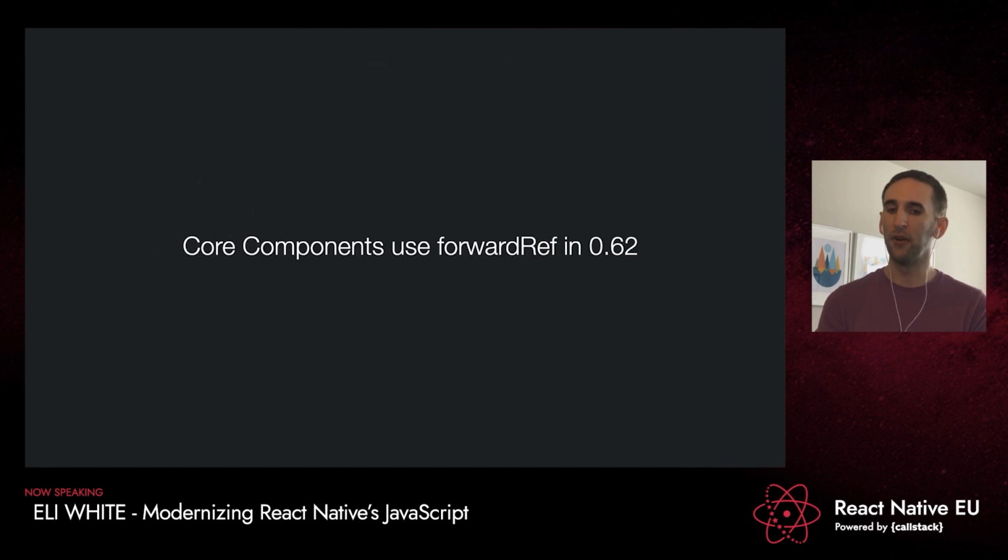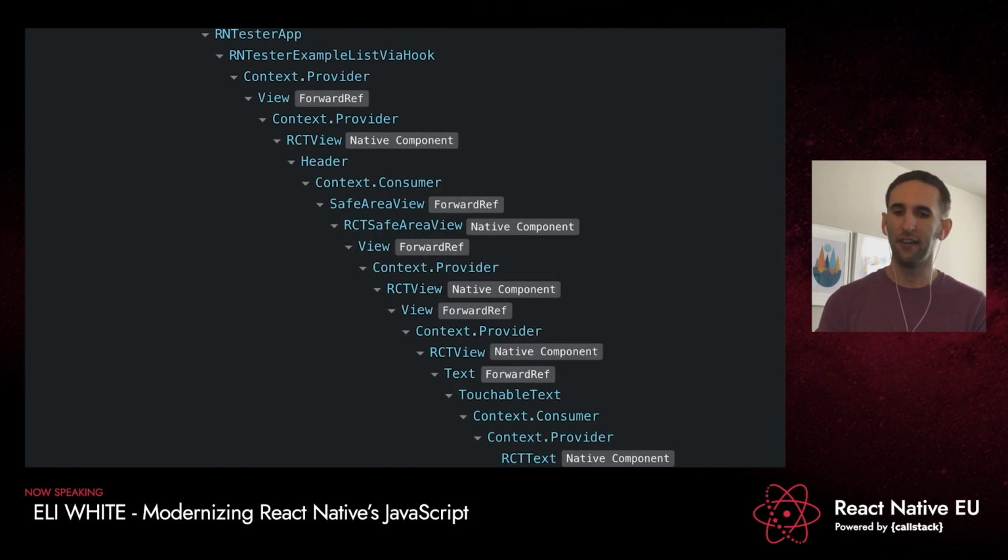All of the core components in 0.62 use forward ref, which means that when you use View or TextInput or anything like that, and you attach a ref to them, you're actually getting a ref to the native component. So these are some of the built-in React Native core components, and you'll see that those are all marked with forward ref.